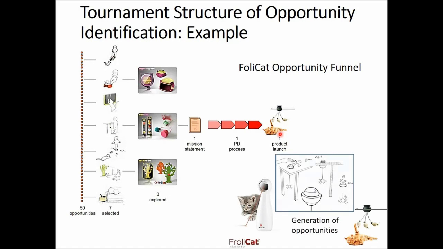This is called the opportunity funnel. So you downsize the opportunities, and they came up with the solution. They generated opportunities, and these different opportunities are represented in different sketches like this, to easily visualize.